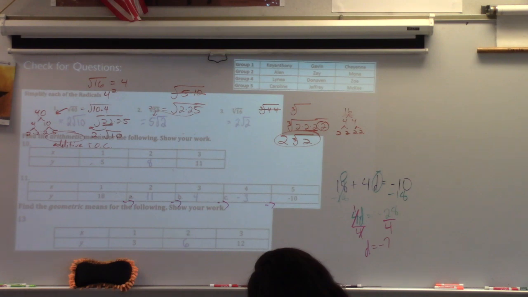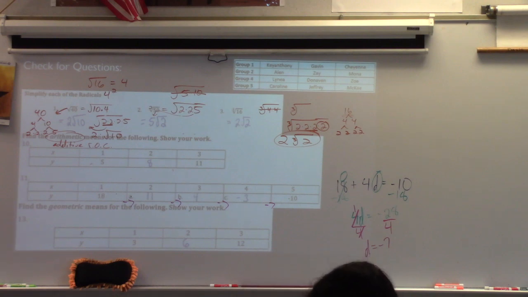Number 13. I know that it is a little bit simpler, but I still want to talk about this one because it'll impact your ability to do tonight's homework and understand geometric means. How can we adapt what we did with the arithmetic means to help us in number 13 with geometric means?